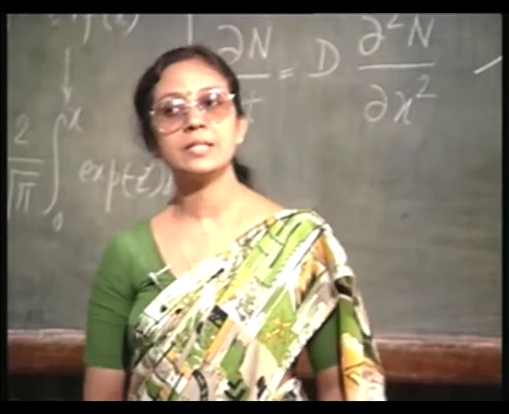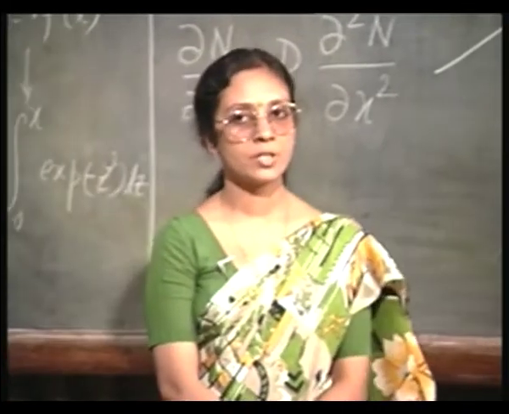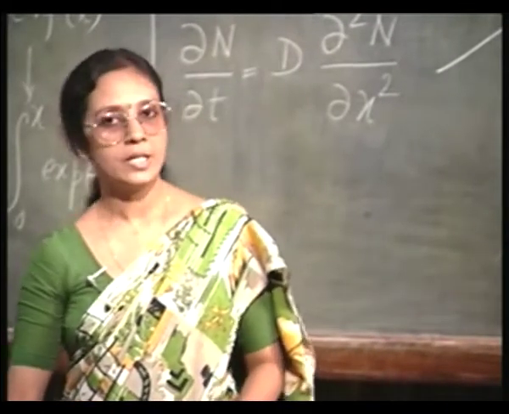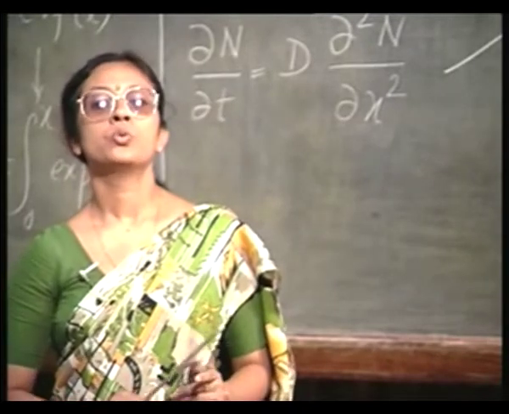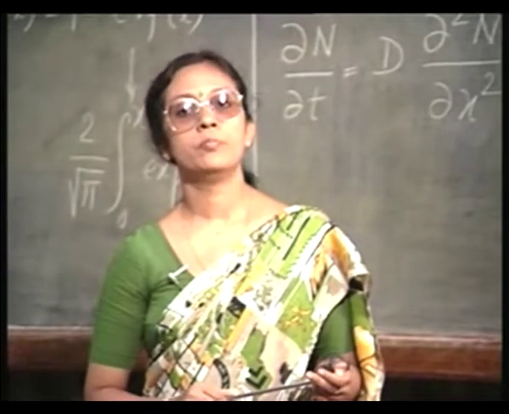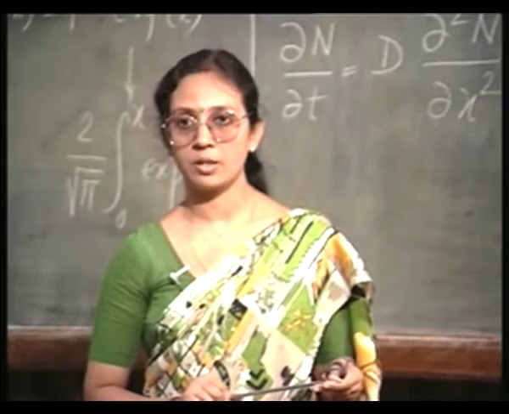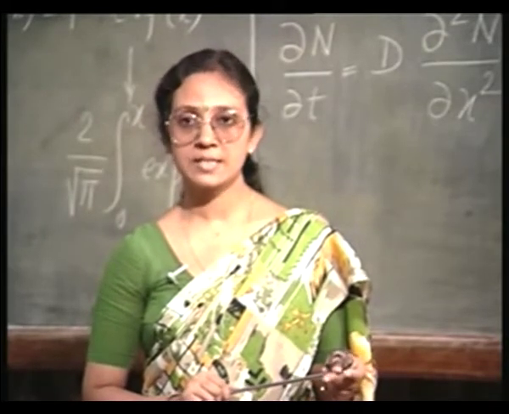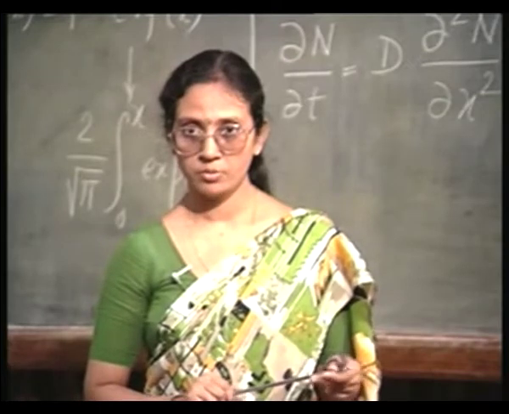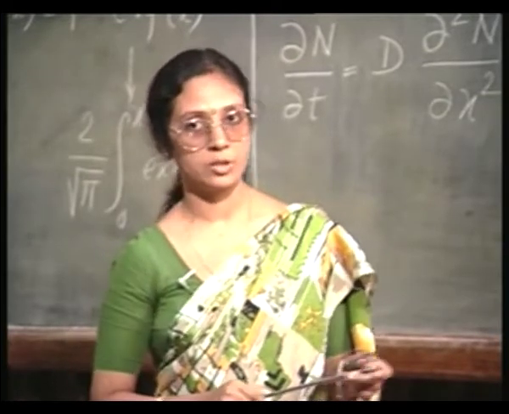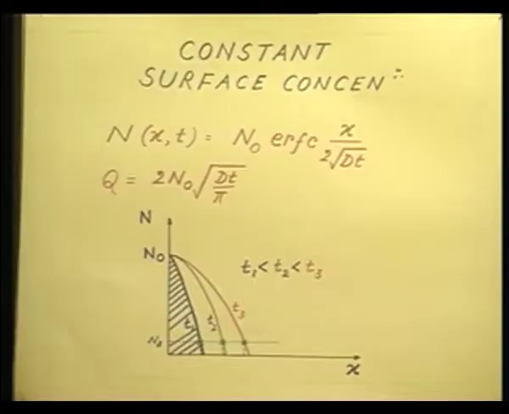What are the other things that we want to know about this? Well, one very important thing is the total amount of impurity which has been introduced in the semiconductor during this diffusion process. And in order to obtain the total amount of impurity, what do we have to do?